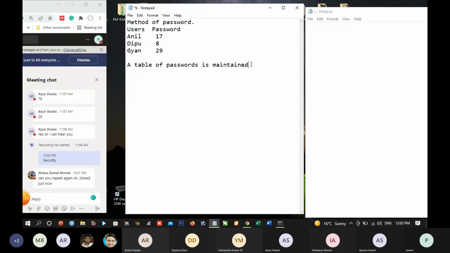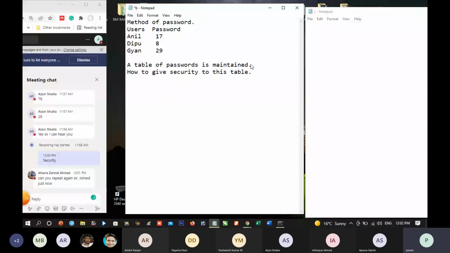But how to give security to this table? Correct? Any question?